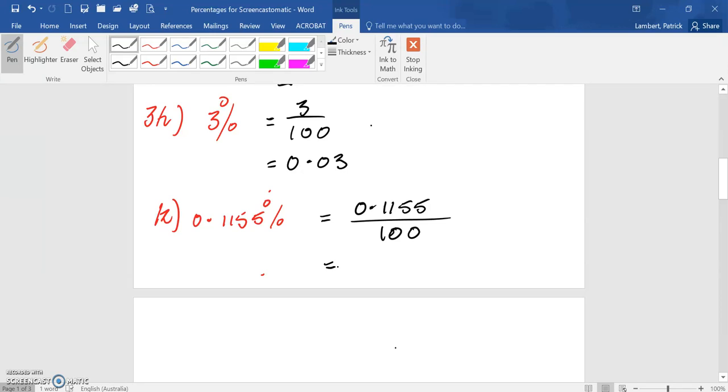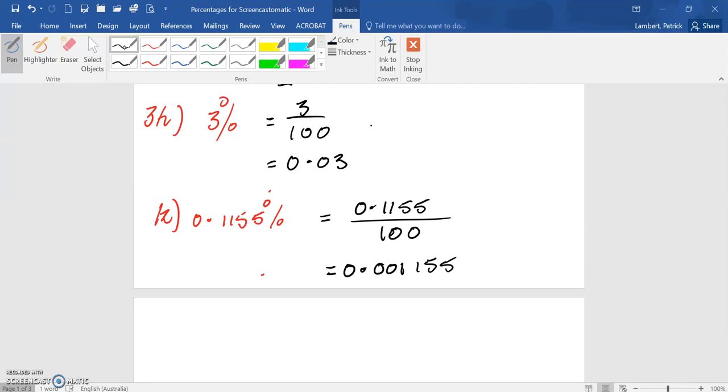We divide that by 100, and we'll find that becomes, moving the decimal point, of course, 2 places to the left, 0.001155. Now we could have put a comma or a space every 3 digits. Generally now we put a space without a comma. I'm not fussed if you use a comma, as long as you put them in groups of 3, no real problem. So that's question 3.